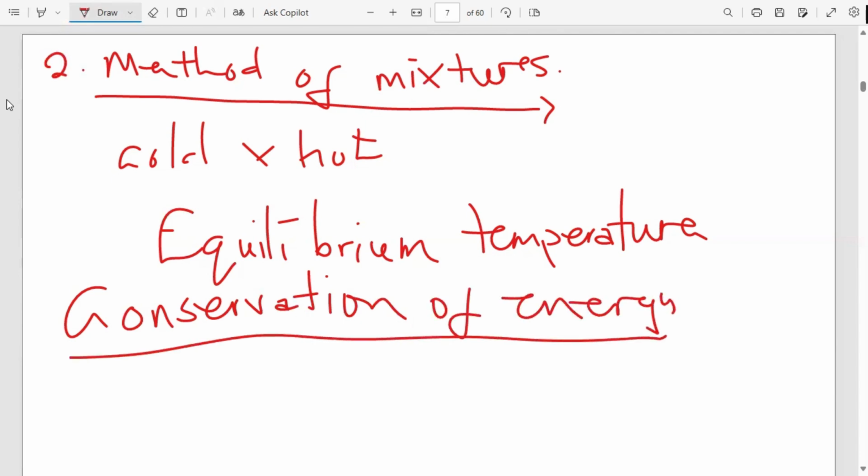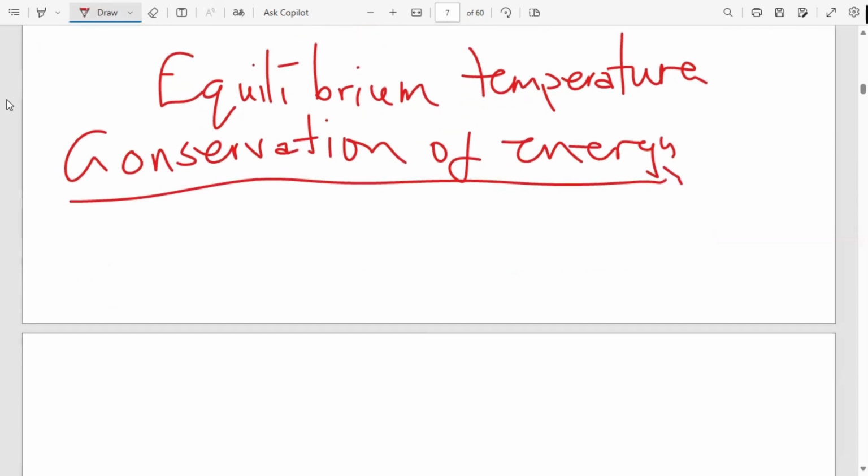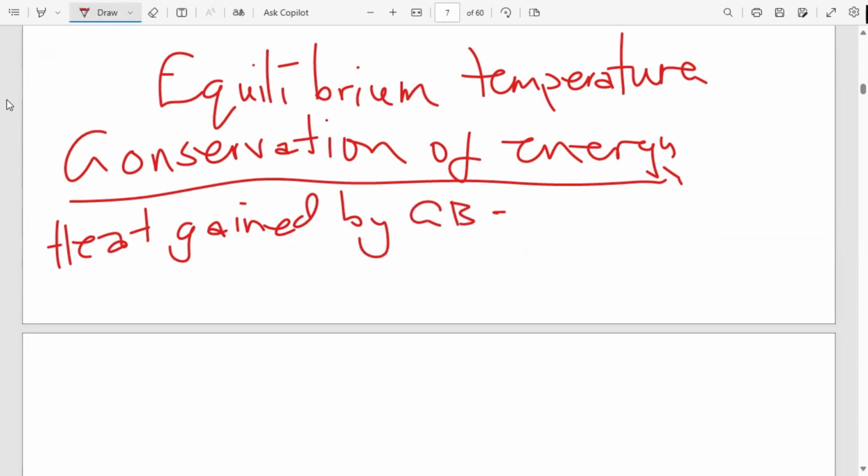Conservation of energy, where we are going to assume there is no energy that is lost to the surrounding between those two substances. And if we put an assumption that there is no energy lost to the surrounding, that means heat gained by the cold body should be equal to heat lost by the hot body.